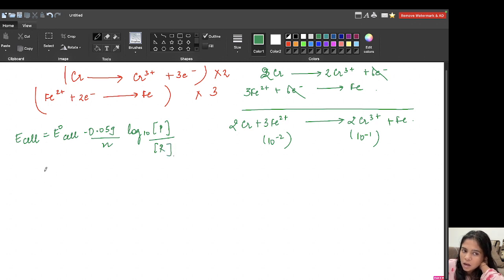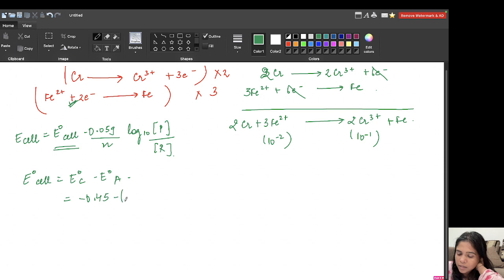E naught cell we need to find. So how will we find E naught cell? E of cathode minus E naught of anode. Which one is cathode here? This one is cathode, right? Because it's undergoing reduction. So what is the E naught value of this? Already given. So minus 0.45 minus of minus 0.75 volt, which is equal to 0.30.